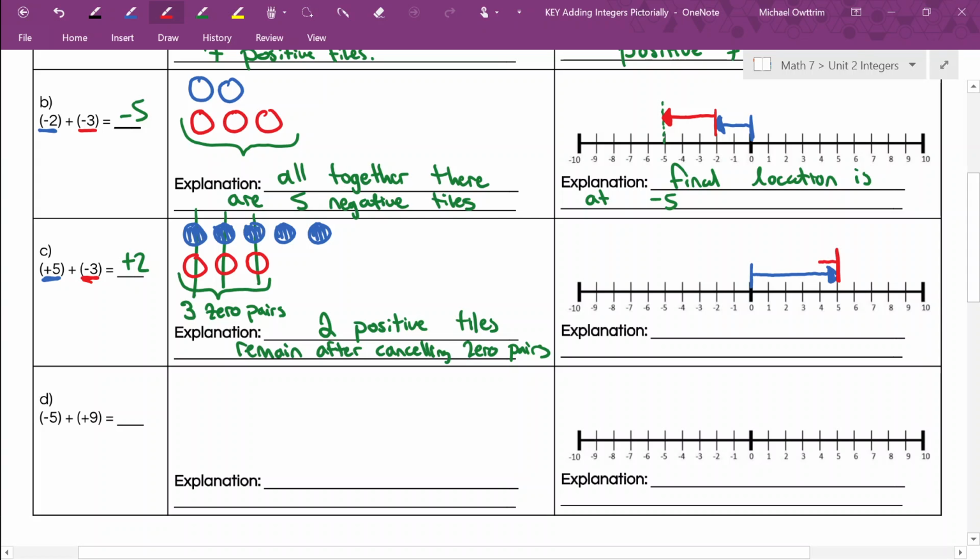So 1 space, 2 spaces, 3 spaces to the left. And we can go ahead and mark off where our final location is. Our final location there is at +2. And this is kind of like taking 5 steps forward and 3 steps back.